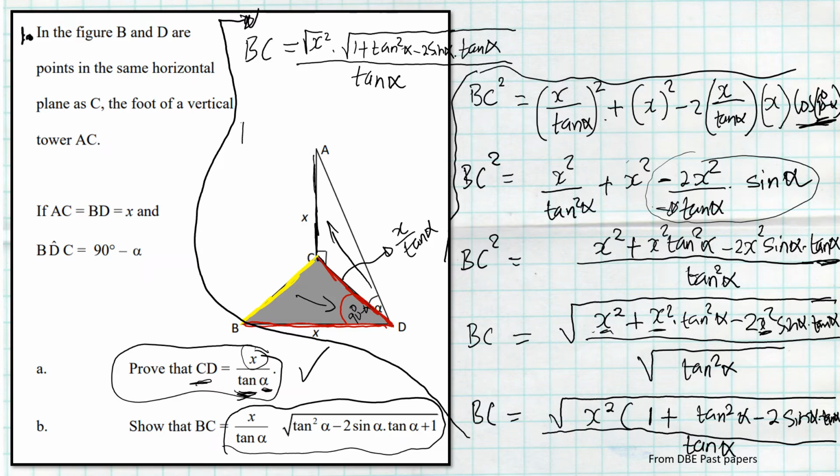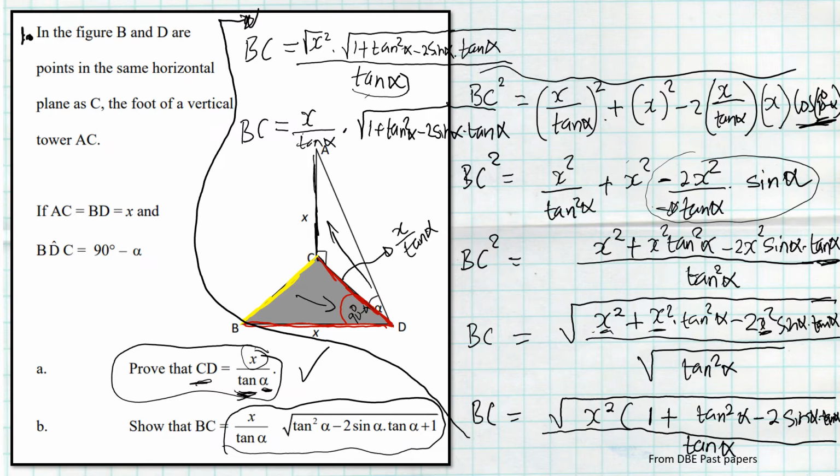Okay, so my BC is going to be, what is the root of x squared? It's going to be x, right? So if I simplify it first, I'll say x divided by tan alpha, multiplied by the root of 1 plus tan squared alpha minus 2 sine alpha multiplied by tan alpha.